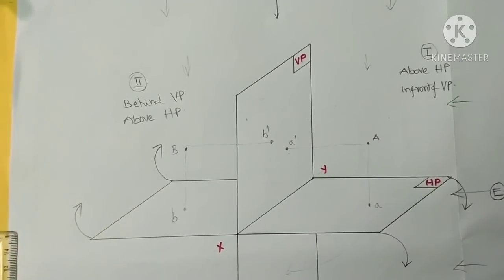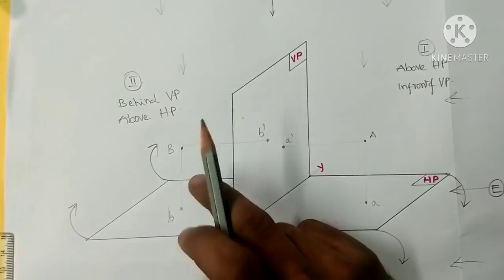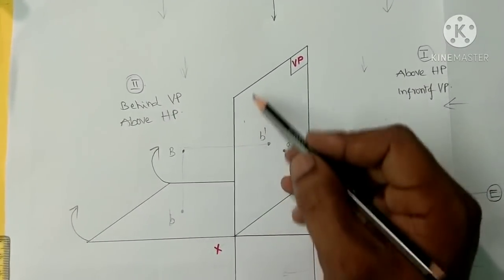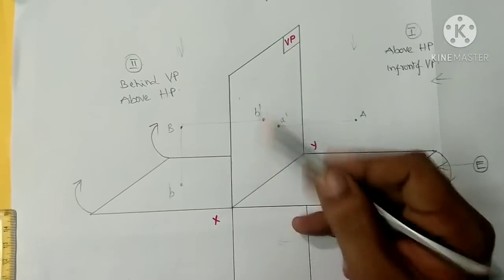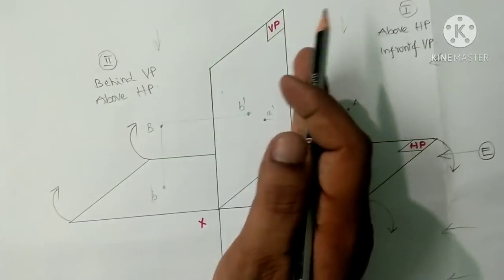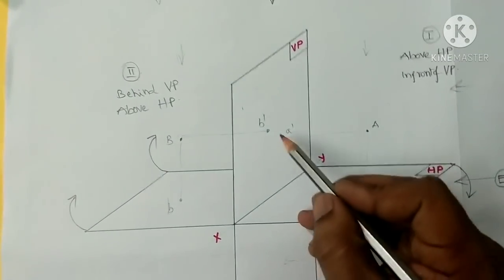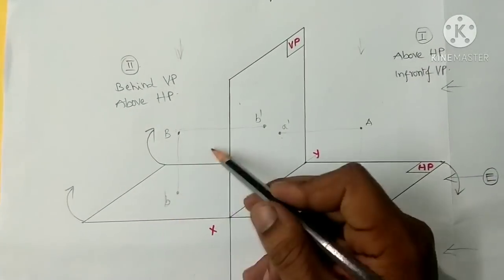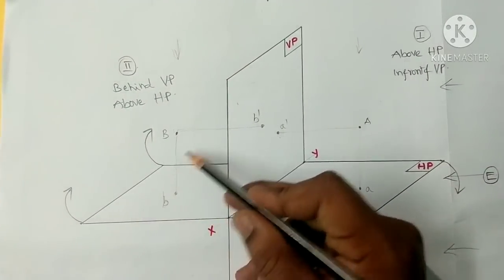So next we should convert this 3D geometry into plane geometry. How can we rotate this one? Clockwise direction. We should keep this vertical plane as the fixed plane, then rotate the horizontal plane in clockwise direction to meet the vertical plane. So already we have B dash above the reference line, but after rotation has been completed, this one also moves upwards.